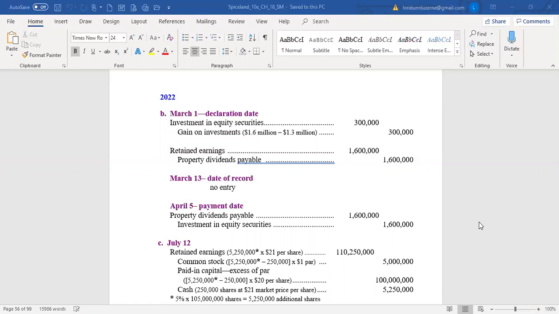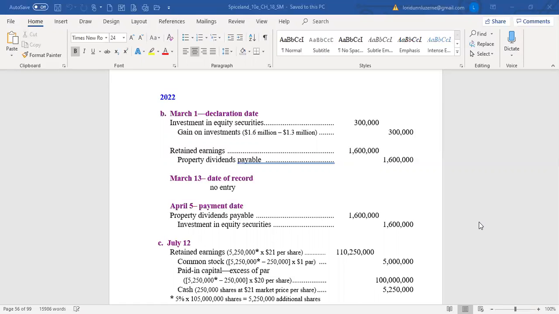So that's where we get the $110,250,000. Now it says in the problem, they're not giving out those 250,000 shares. They're considered what we call fractional shares. They're giving out the 5 million. So determine the par value of the 5 million. It's a dollar par value share, so $5 million. What's the total value of those 5 million?